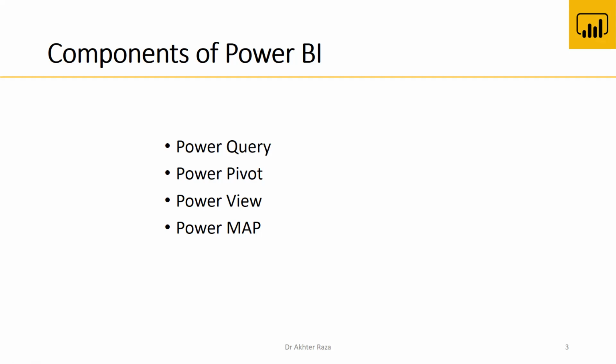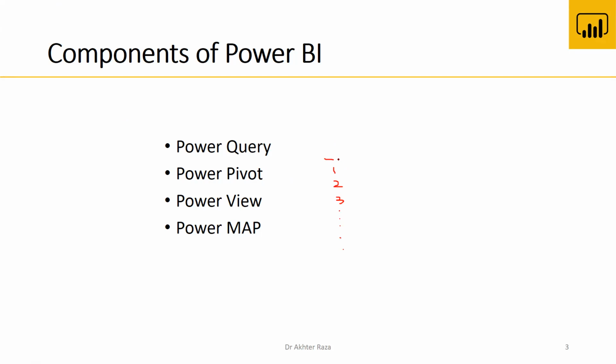Power Pivot is another option. In Power Pivot, data that is given in a format that is not a very comprehensive tabular format, we can unpivot. Suppose I have company 1, company 2, company 3, company 4, and multiple companies.